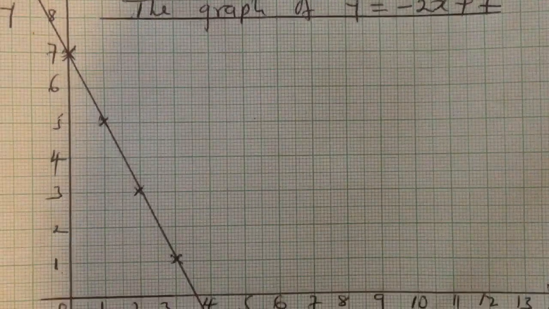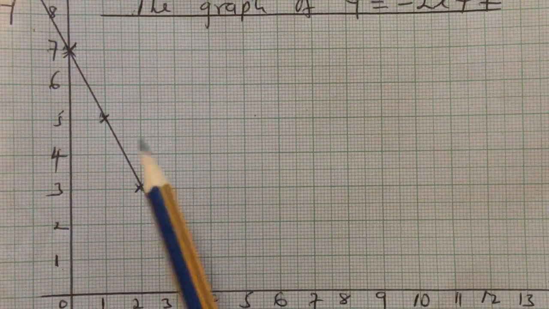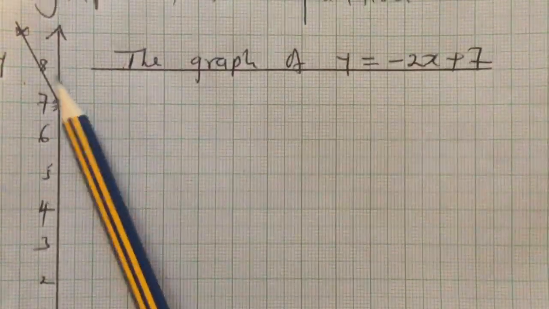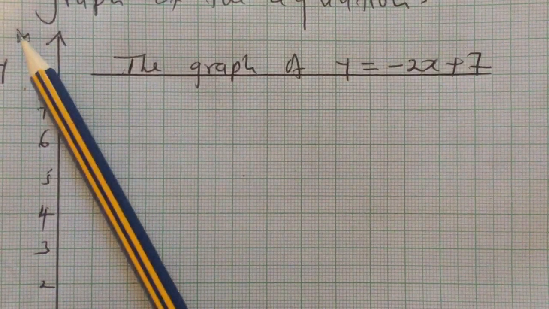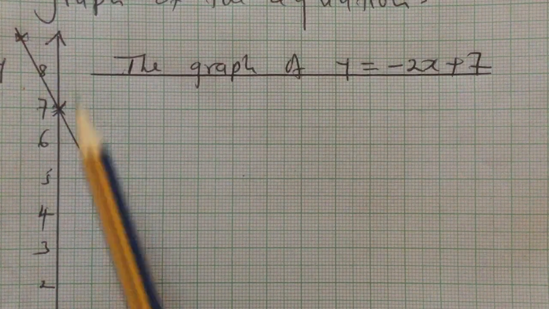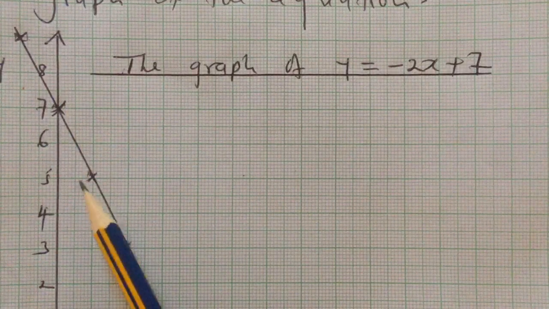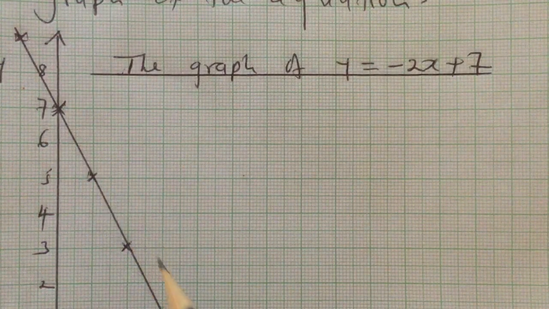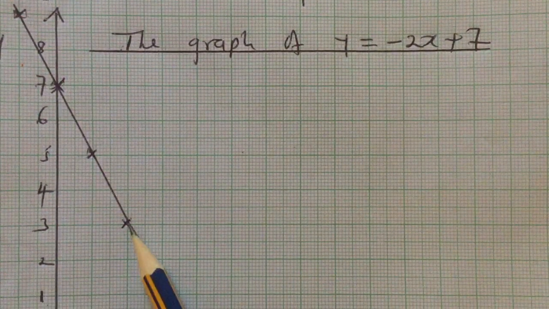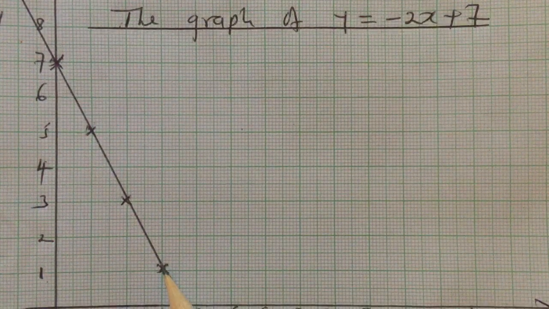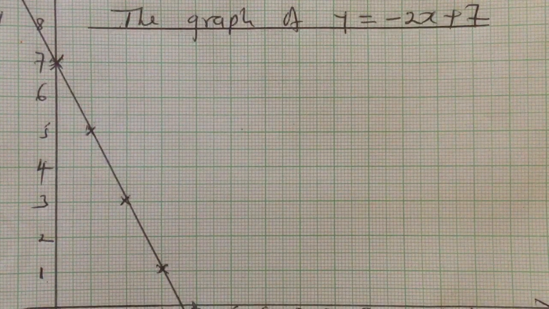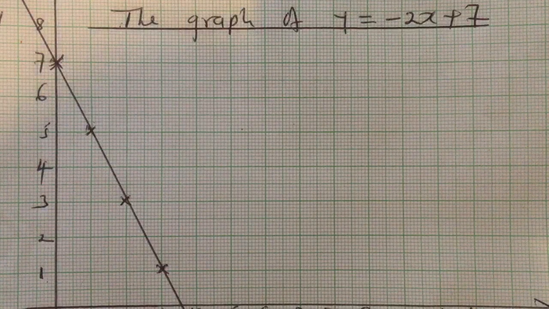I'll plot those points, which is the first one, we got it as -1 goes to 9, 0 goes to 7, 1 goes to 5, and then 2 goes to 3, and then we had 4 coming to -1.